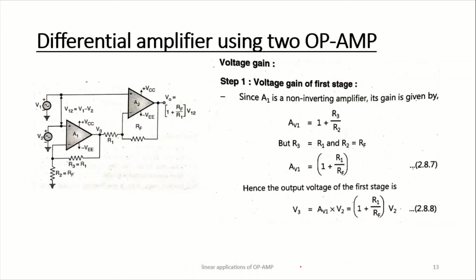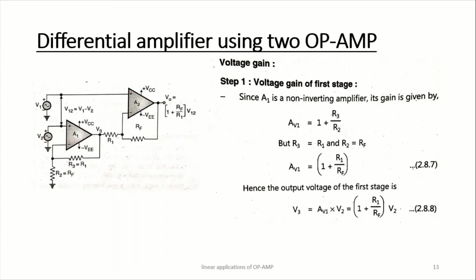Now the next topic is the differential amplifier with two op-amps. Here two op-amps are used, where op-amp A1 is a non-inverting amplifier, meaning the input is applied at the non-inverting terminal, so it works as a non-inverting amplifier.